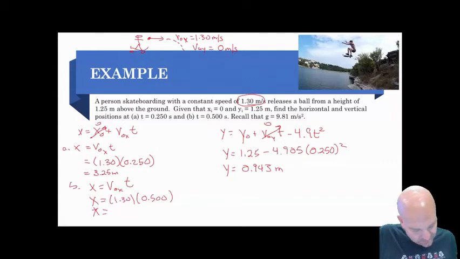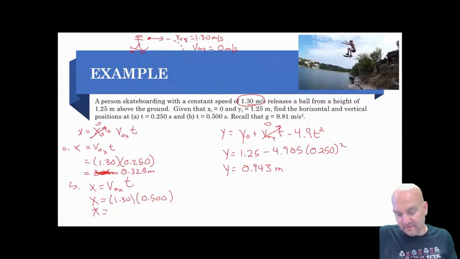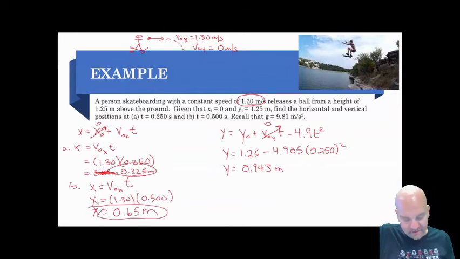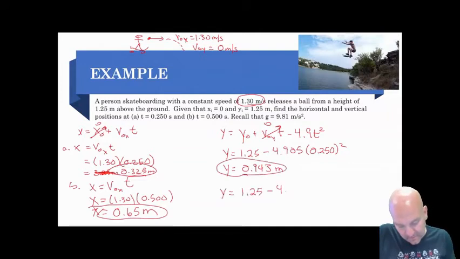So this is going to be 0.325, and this is going to be 0.65 meters, right? So that's after a quarter of a second, and this is after half a second. And so now we plug in the 0.5 seconds here for the second part. So 1.25 minus 4.905 times 0.5 squared. And you can see we're going to be closer to the ground.